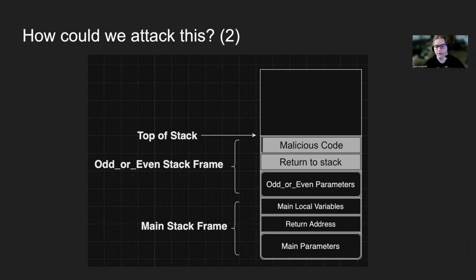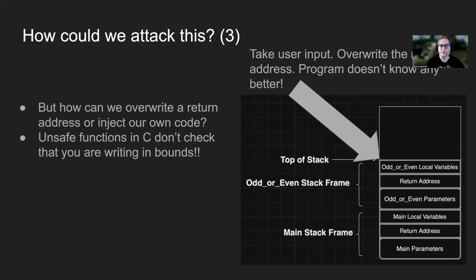So what we could do is take advantage of these unsafe functions in C that take user input, and we could write out of bounds, or write too much data to something. And then because our local variables are stored on the top of the stack, if we wrote too much, we could overwrite all the space, and the return address and the parameters and the local variables, because there's no bounds checking.